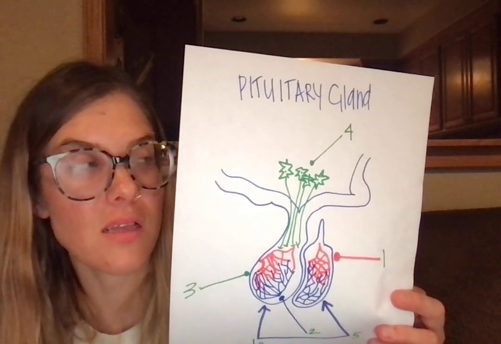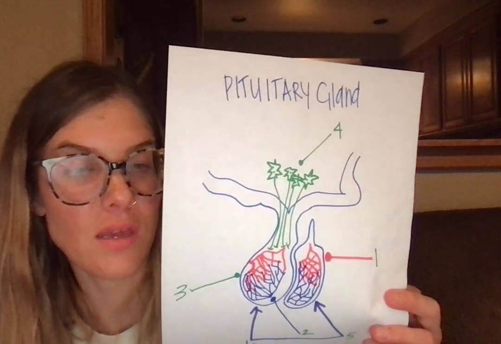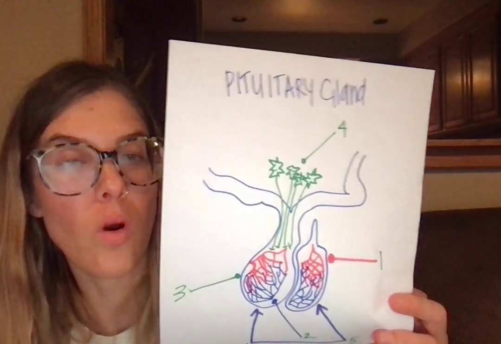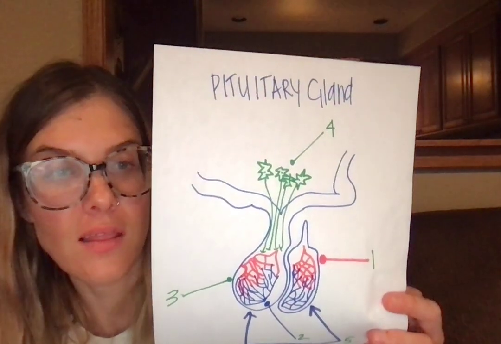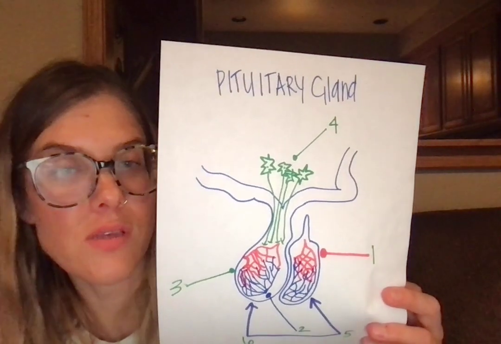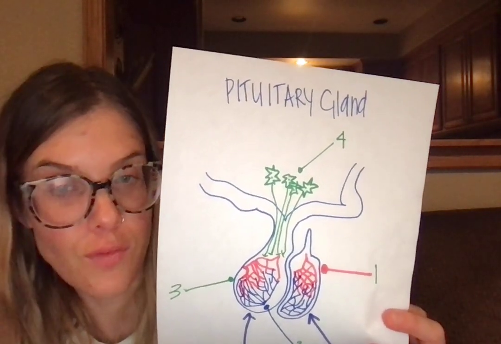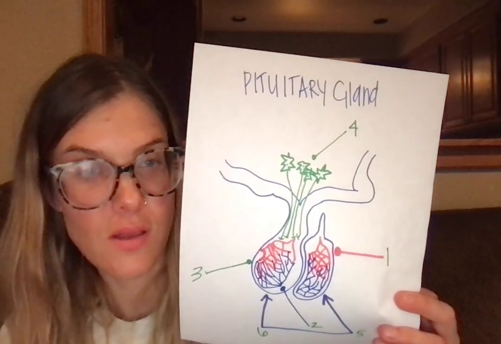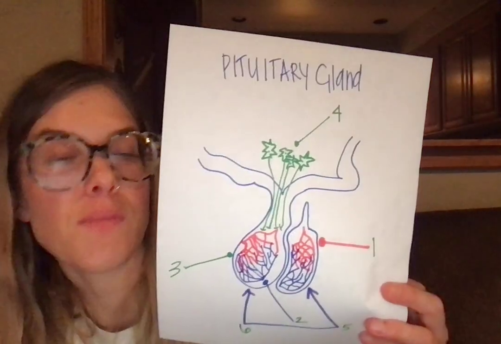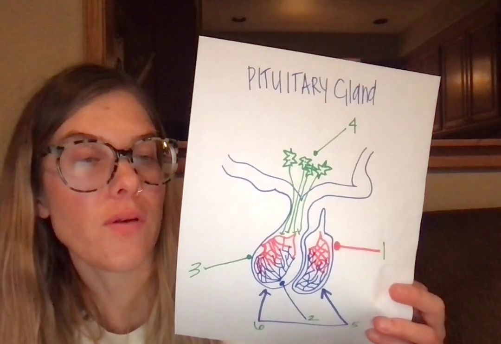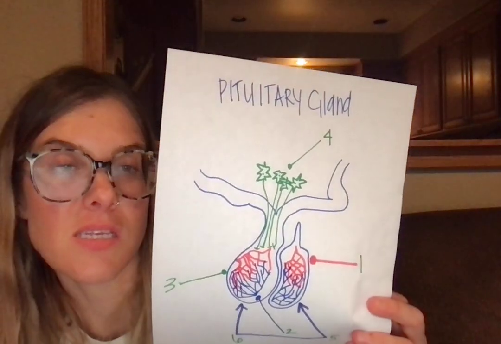The six cell lines within are hormone-producing cells: the somatotrophs, lactotrophs, corticotrophs, thyrotrophs, and the gonadotrophs. The anterior pituitary gland also encompasses the following structures, known as the pars distalis.